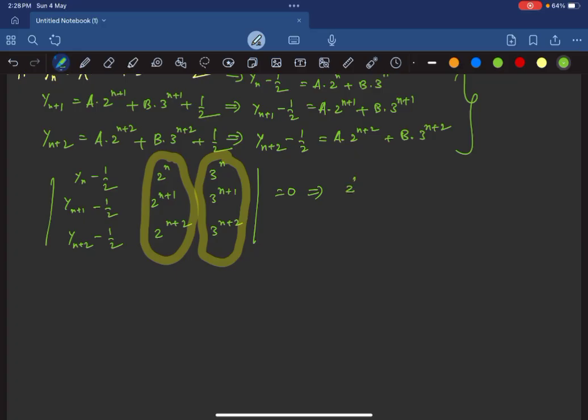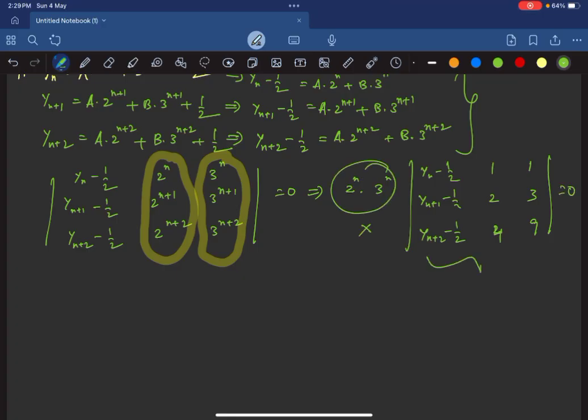So in that case you have 2 power n, 3 power n, then yn minus half, yn plus 1 minus half, yn plus 2 minus half. Here you have 1, 2, 4, similarly 1, 3, 9, equal with 0. Now these two terms cancel in the next step. Ultimately you need to simplify this determinant only. Okay, so this is how we can solve.